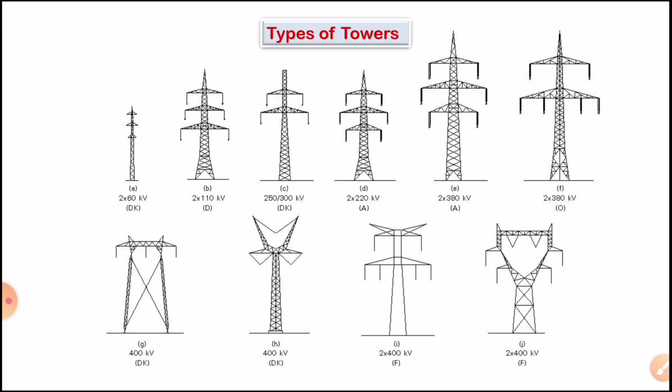Induction is another problem. Hence, we have to maintain the ground clearance from the live wire to the ground. If voltages increase further and further, we have to maintain the ground clearance. Hence, we are required to propose different types of towers to support our conductors.